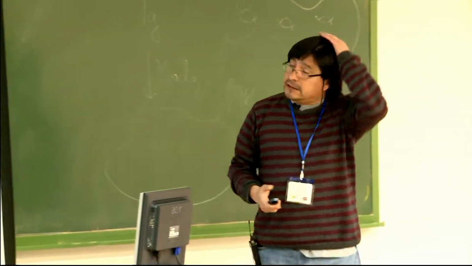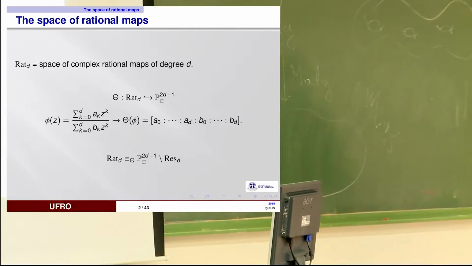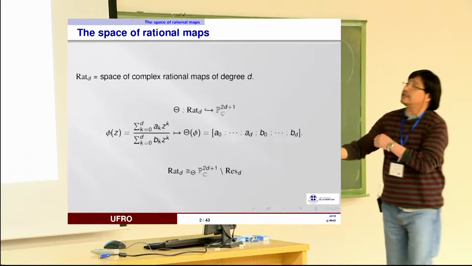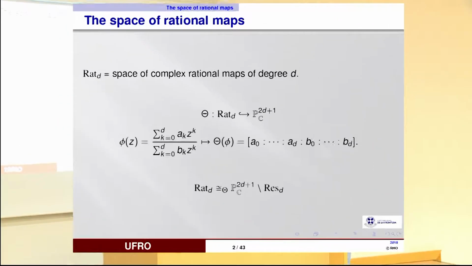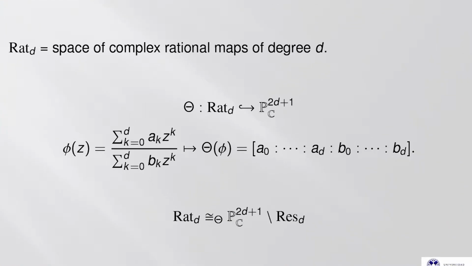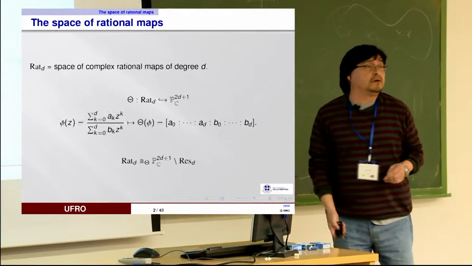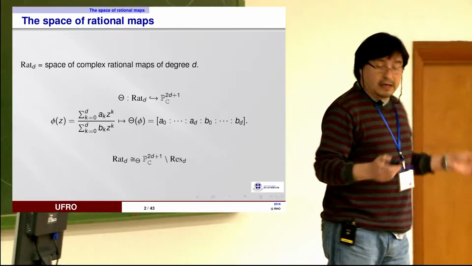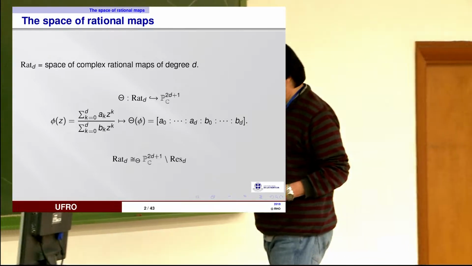So first, let me introduce the actors of this picture. These are the rational maps. A rational map is just the quotient of two polynomials, which we assume to be coprime.